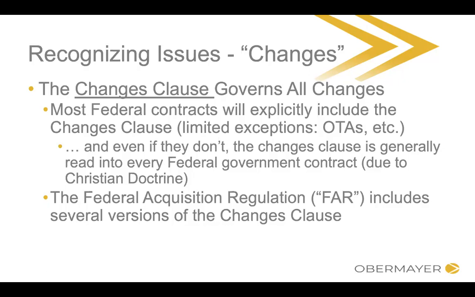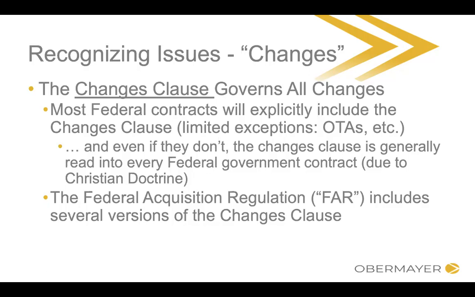We're going to be talking today using the example of the changes clause that's the last one, 52.243-4, just because that's the most common one that you see in government contracts, and the one where most of the cases arise. Most federal contracts are going to have some version of the changes clause. There are very limited exceptions, like some OTAs.